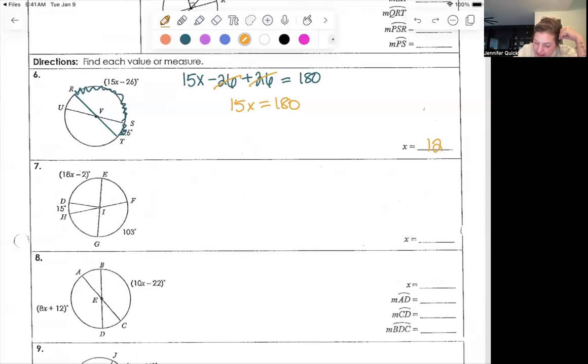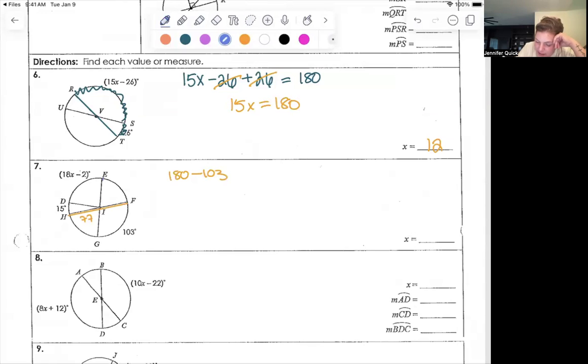What I do see is that these two angles, HIG and FIG, are 180. So I could do 180 minus the 103, which gets me 77.